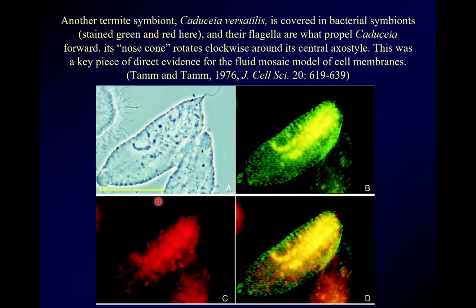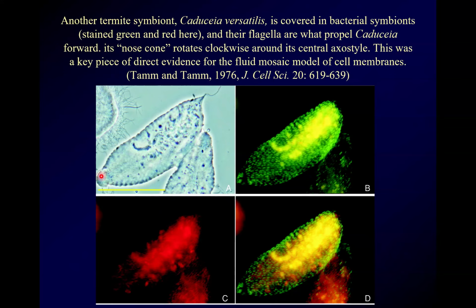This is another termite symbiont, Caducea, which I don't think I've ever seen. It may not be found in North American termites. And I mentioned this to give the cell biologist who might be listening to this something to think about. The outside of Caducea is covered in bacterial symbionts. You can see them, they've stained in green and red.